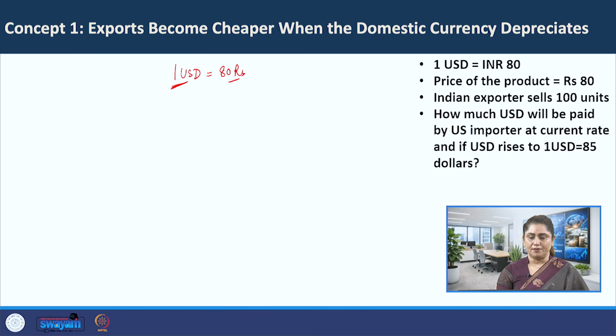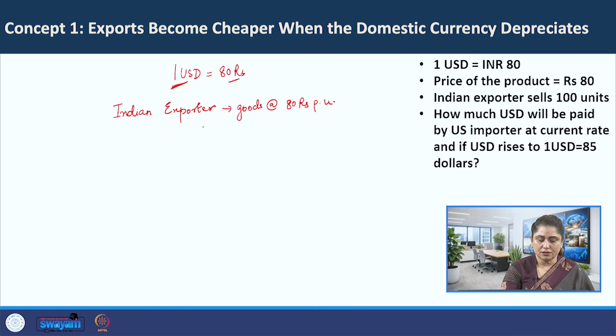Now, let us say there is an Indian exporter. This Indian exporter is exporting goods and is selling goods at a rate of 80 rupees per unit. And how many goods is it selling?